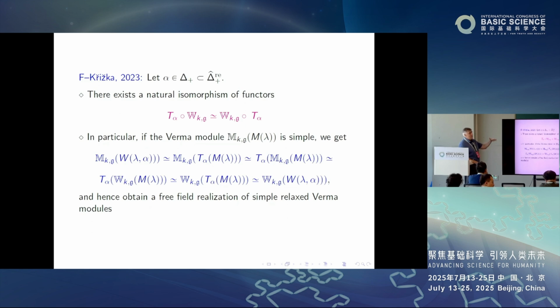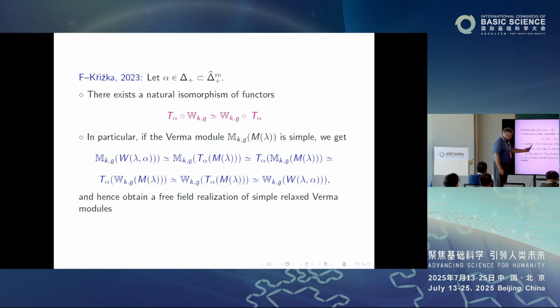We have a top part, and there's a hypersurface that limits our weight lattice. We can apply the T alpha functor on the top part and then apply W, and it's equivalent to applying first W and then T alpha. And that was the goal, and that's the outcome.